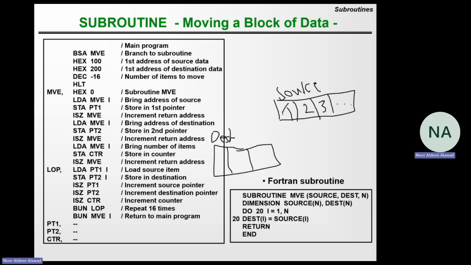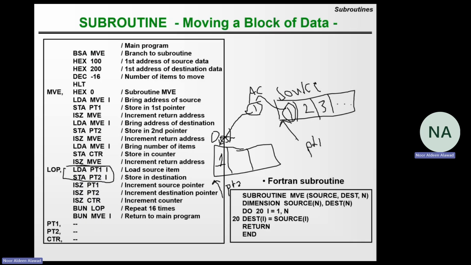This value will be loaded into AC and then stored here. I'm talking about this. Then the pointer will be incremented. This is about PT1, and this is PT2. PT1 was here, and PT2 was here.